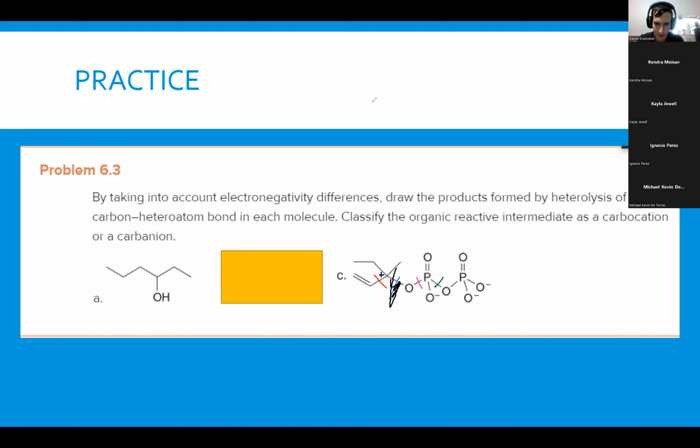Yeah, pretty much if I do anything else, I end up getting a weird set of charges somewhere. But like if I broke it pink, I don't end up getting the resonance stabilized carbocation, right? And so therefore I don't really want to cut it pink. Okay. It was a good choice, but I don't think that's gonna happen.